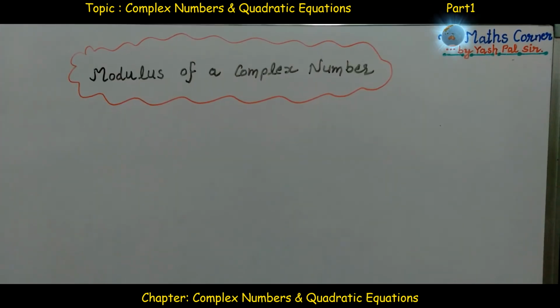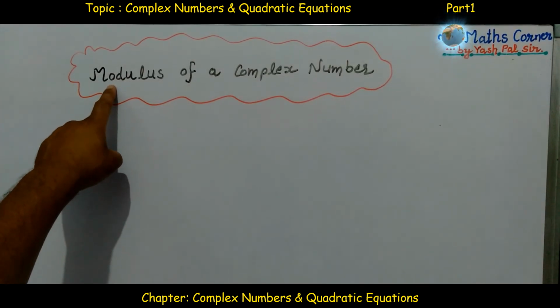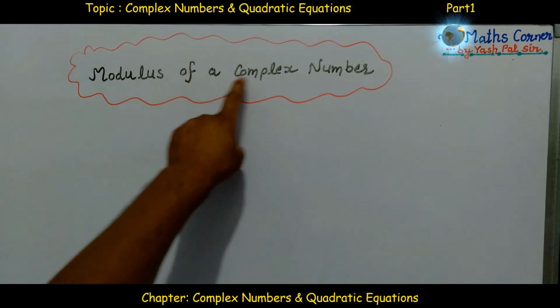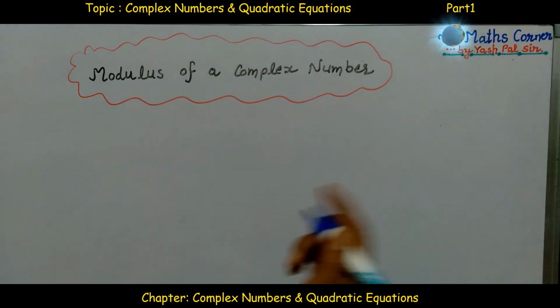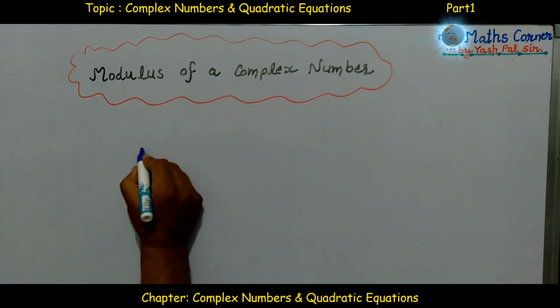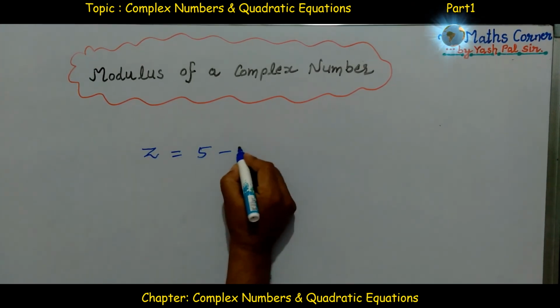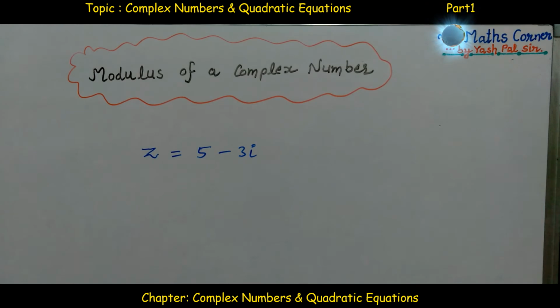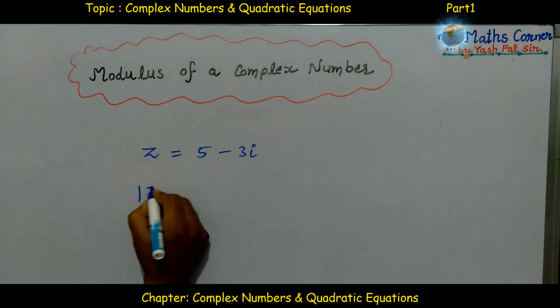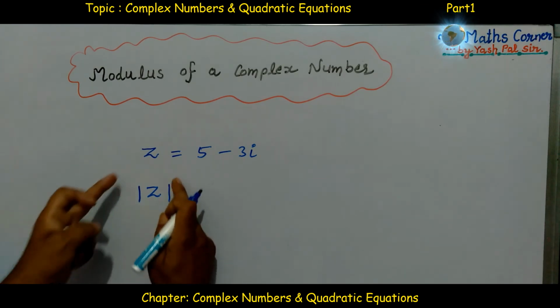Now one new term, modulus. What is the modulus of a complex number? With the help of one example, suppose z is the complex number 5 minus 3 iota. So how to find the modulus? Modulus is denoted with bars on both sides.